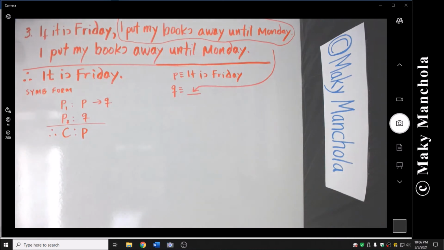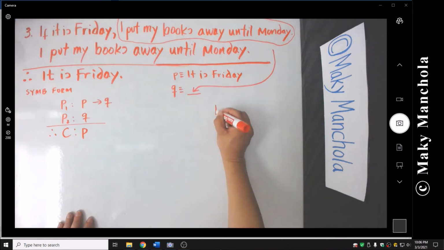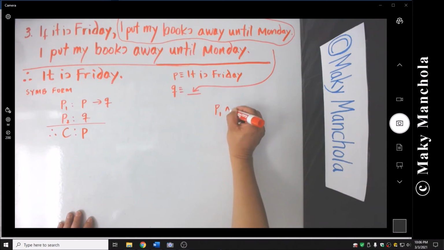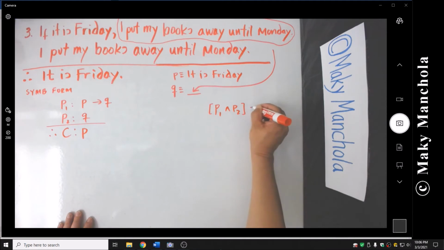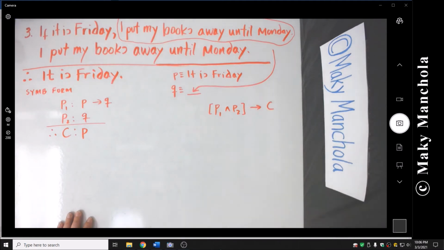So now I'm going to form the conjunction of the premises implies the conclusion. So premise 1 and premise 2 implies conclusion.